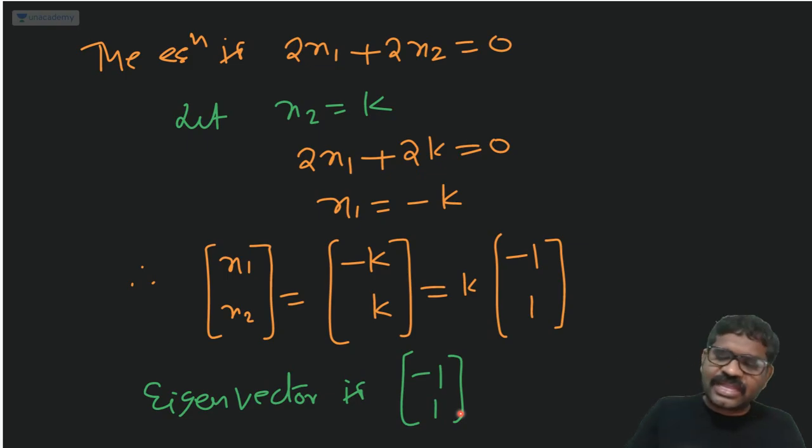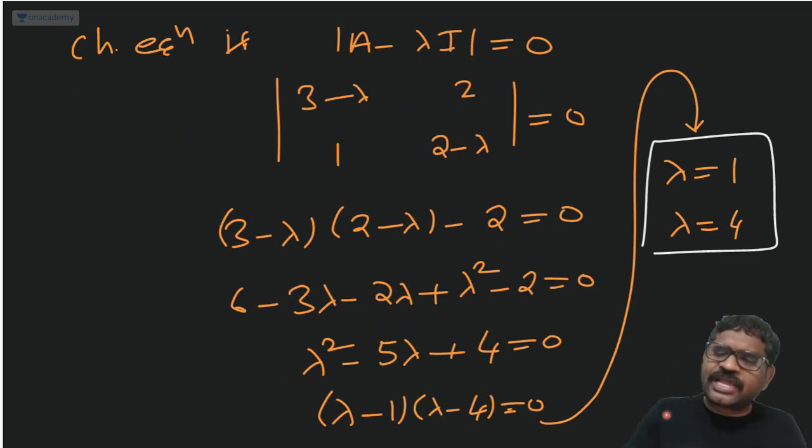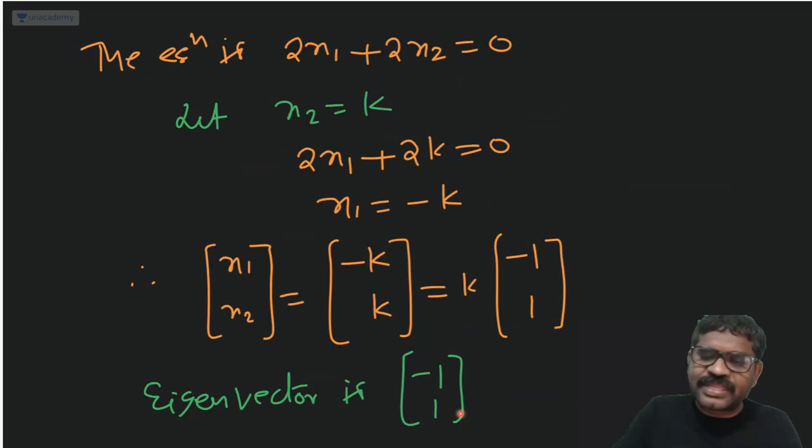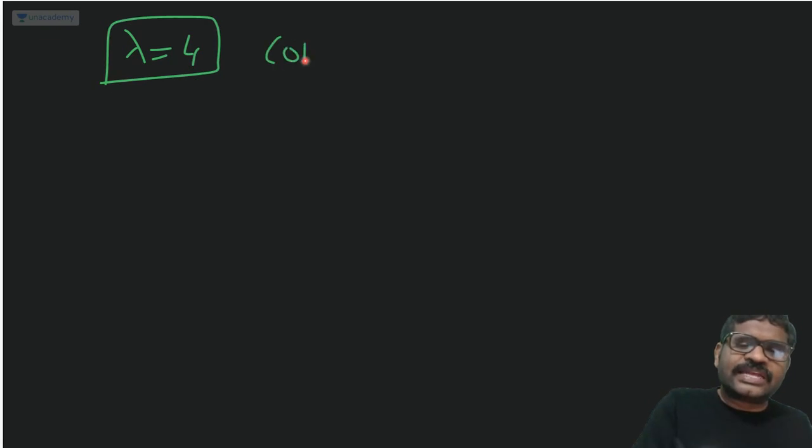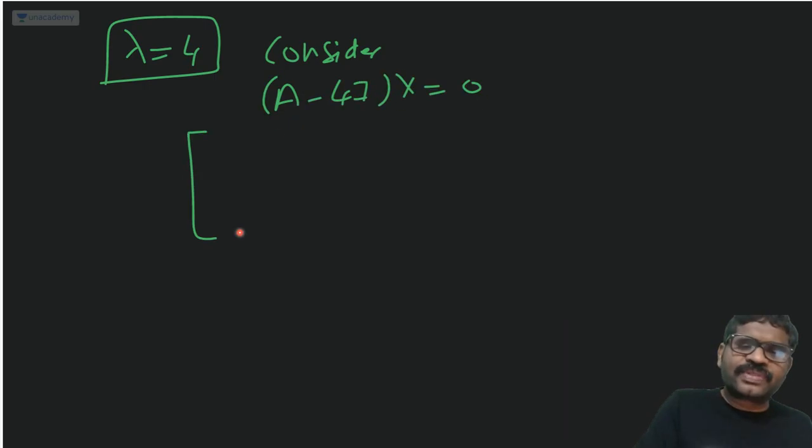Next, corresponding to eigenvalue 4, we have to calculate the eigenvector. Lambda equal to 4. Consider (A minus 4 I) x equal to 0.